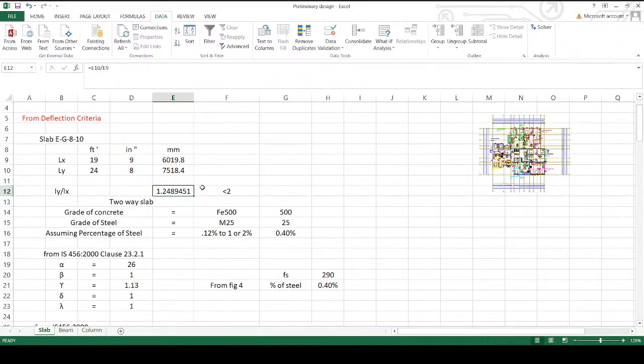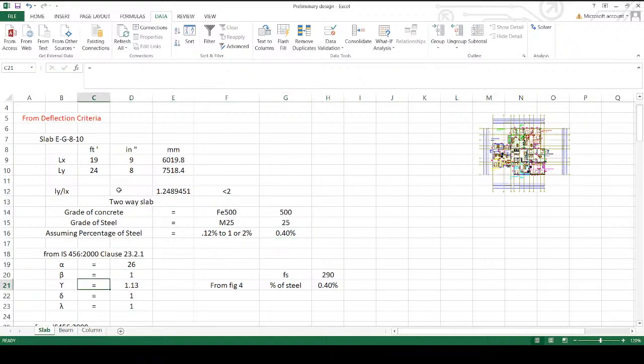If Ly by Lx is greater than 2, then it is a one-way slab, and less than 2, it is a two-way slab. Take concrete M25 and Fe 500, and assuming the percentage of steel 0.12% to 1.2%, I am using 0.4%.